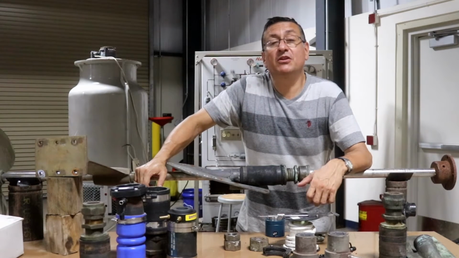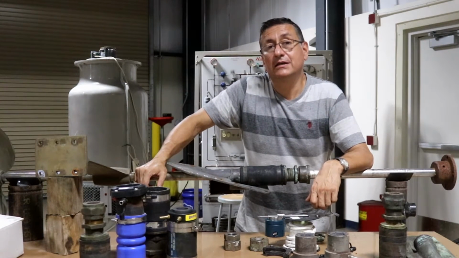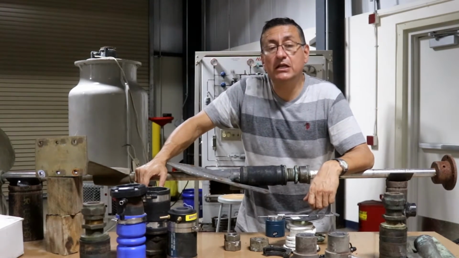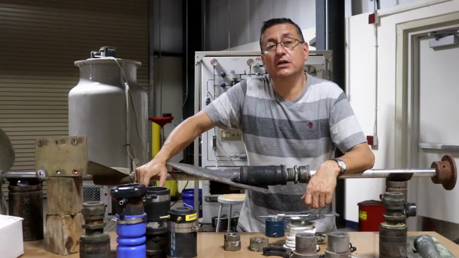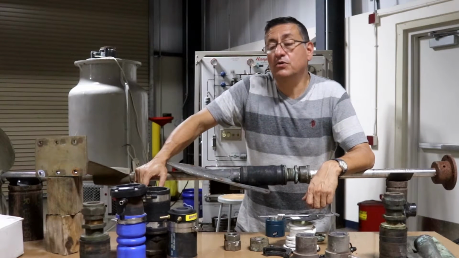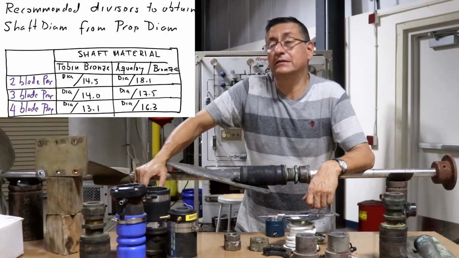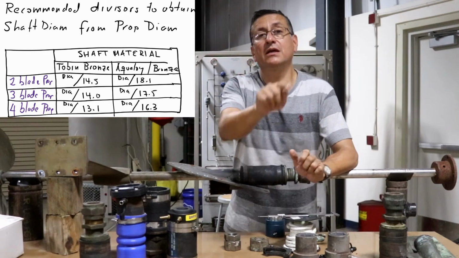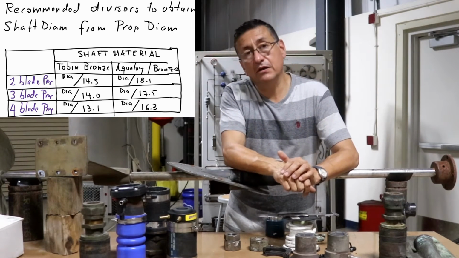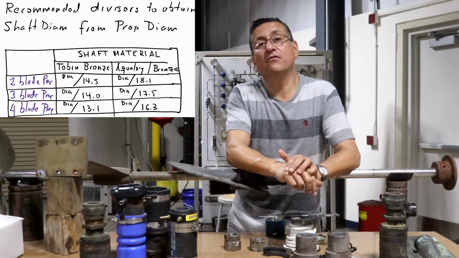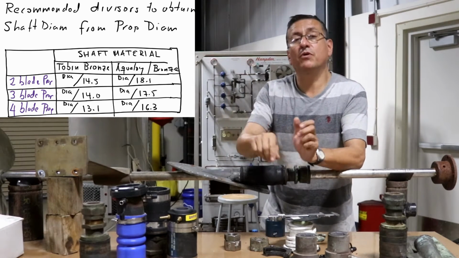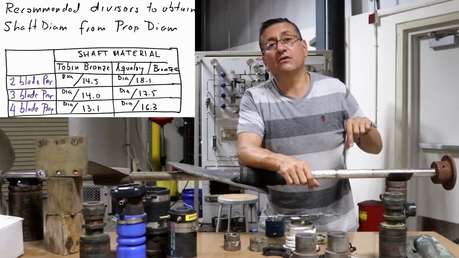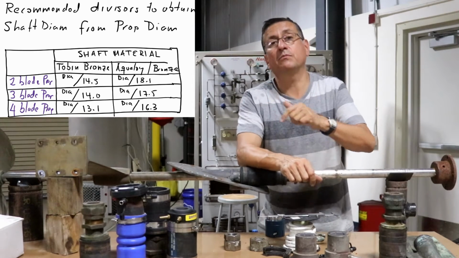I know a simple way to calculate the diameter of the shaft. If you are in the middle of the ocean, you don't have the tables, you don't have the information about the material, you don't have information about the torsional shear. You can use a simple formula: divide the diameter of the propeller by 14.5, and this is a good approximation for the diameter of the shaft recommended for that propeller.